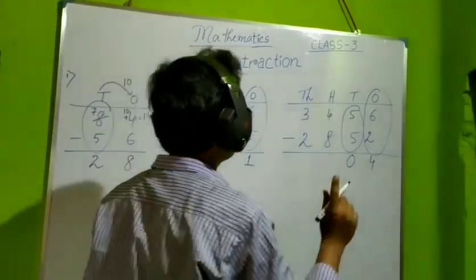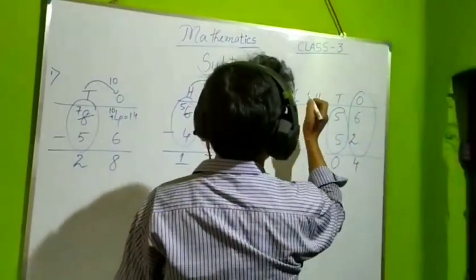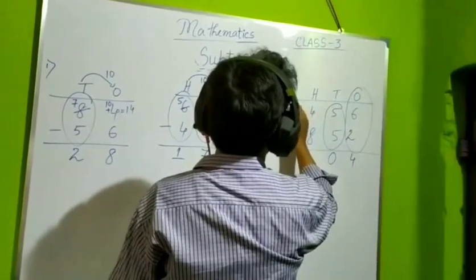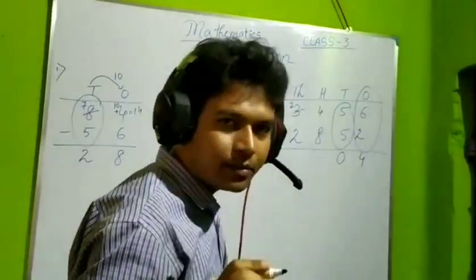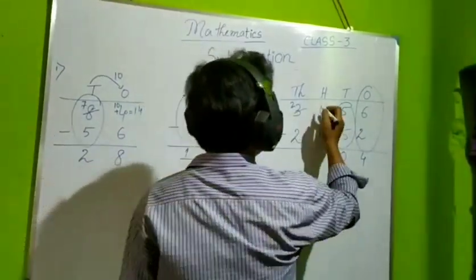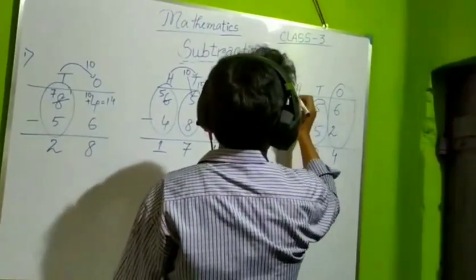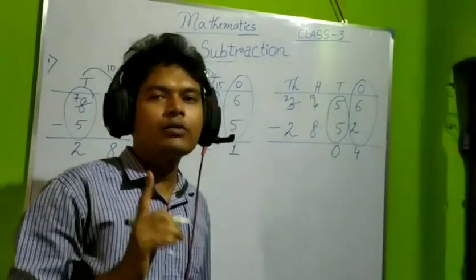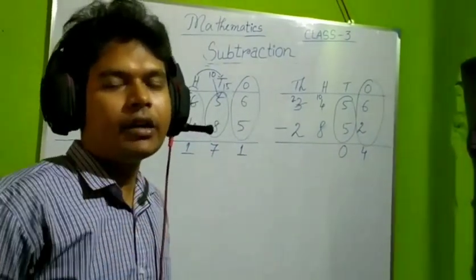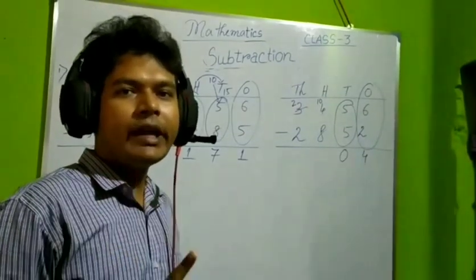Now we have to borrow 1 from thousands place. So 3 converts to 2 and 1000, when it comes to 100th place, adds with the 4 like 10. As we know, 1000 equals 10 hundreds.